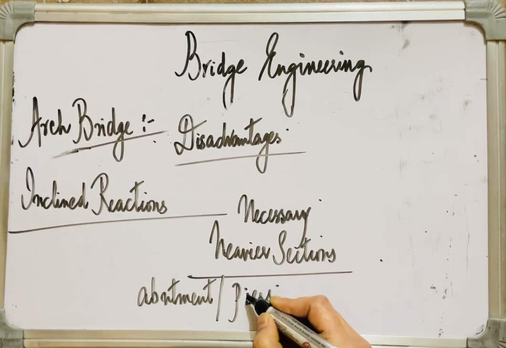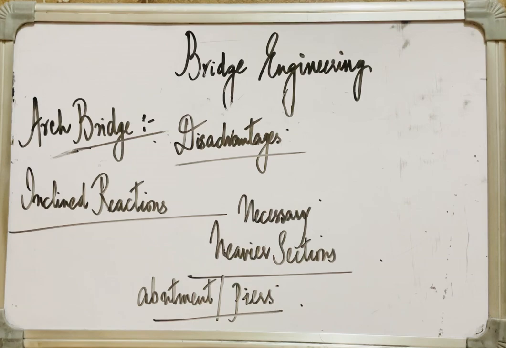Because of the inclined reactions, we necessarily have to provide heavier sections for the abutments or piers in case of the arch bridges. And why do they have these inclined reactions?